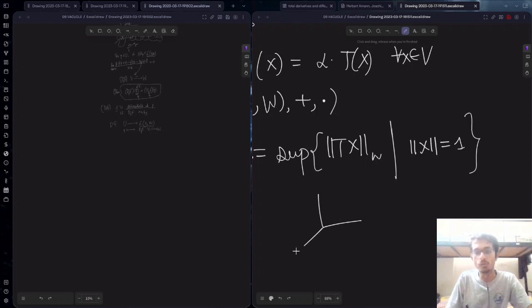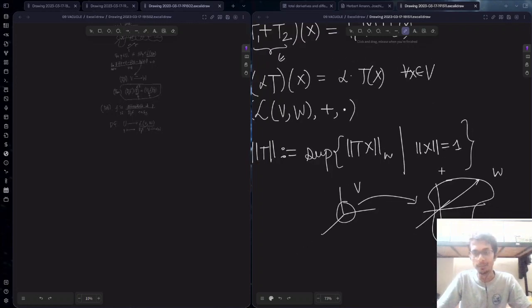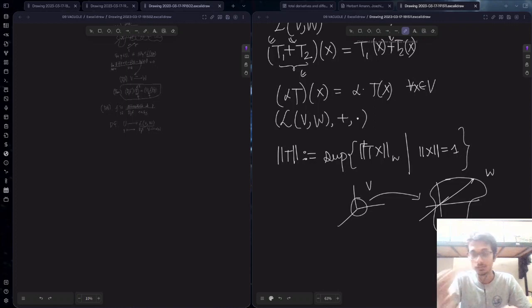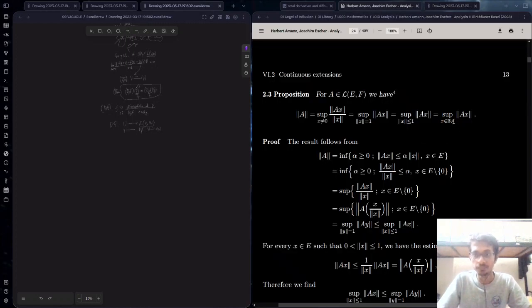So I'm taking the ball in V and checking where it is getting mapped to in W and taking the supremum of the norms, the least upper bound of all the norms of T of x, where I'm taking all the x's from the surface of the ball, mod of x equal to 1.